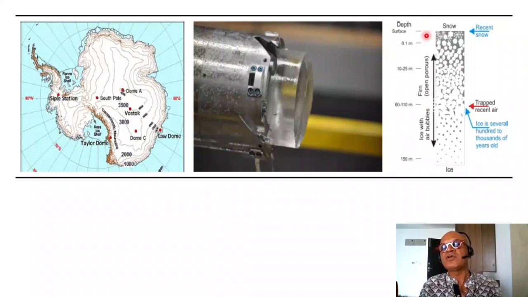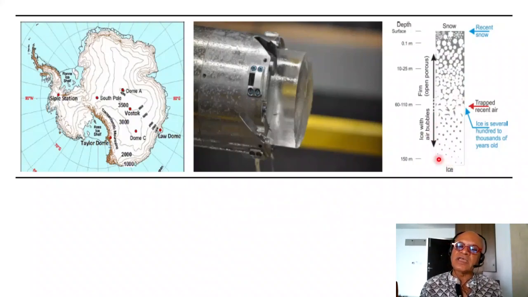So if you drill from the top, at the top you still have snow that's recent, so you can see there are gaps in the snow that are getting compressed and trapping bubbles and other material into the ice core. So ice is several hundred to thousands of years old, and there is trapped recent air at the top, and then older and older air.